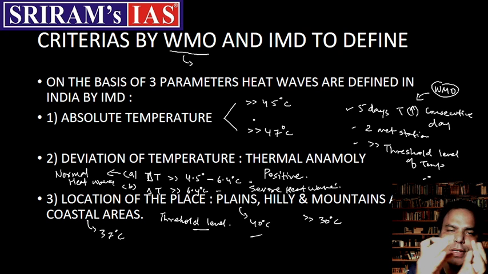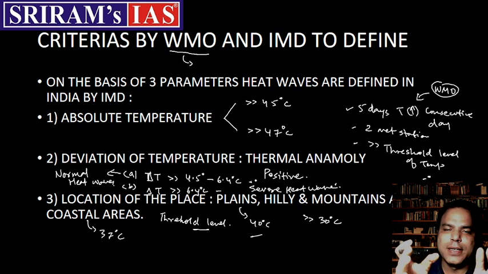And how much should the temperature deviate from the normal long-term average? The fluctuation should be above 4.5 degrees Celsius. If the fluctuation is up to 6.4 degrees, we call it a normal heat wave. If the temperature increase is above 6.4 degrees Celsius, we call it a severe heat wave.